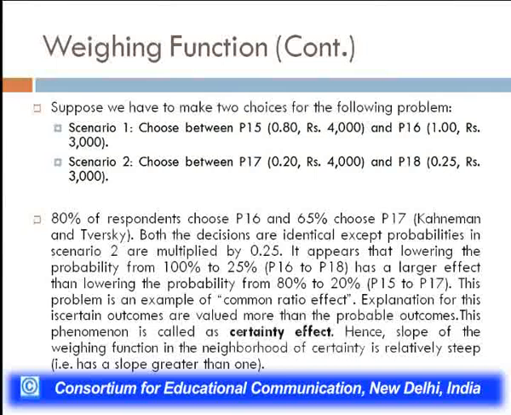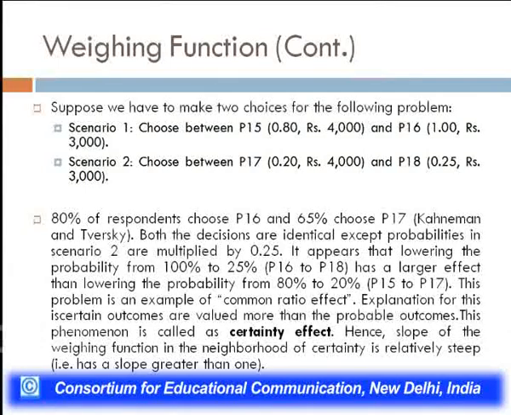As per the Kahneman and Tversky study, 65% chose P17. Both decisions are identical, except that in scenario 2 the probabilities are multiplied by 25%. It appears that lowering the probability from 100% to 25% has a larger effect than lowering the probability from 80% to 20%. This problem is an example of the common ratio effect.